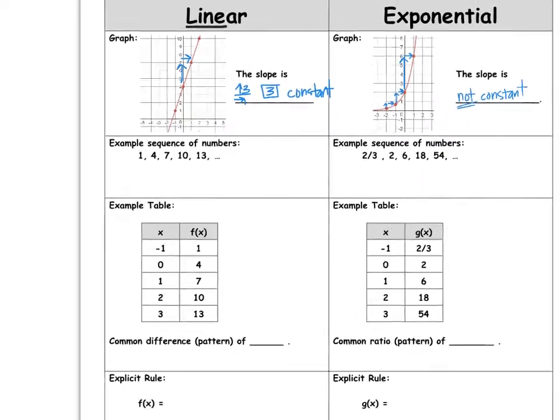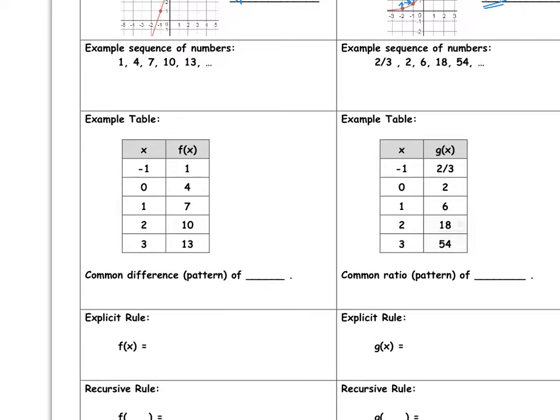This is if we just have a sequence of numbers. A sequence just means a series of numbers. If I go from 1 to 4, and then from 4 to 7, and then from 7 to 10, the pattern is up 3, plus 3. So the pattern is positive 3, and that is addition.